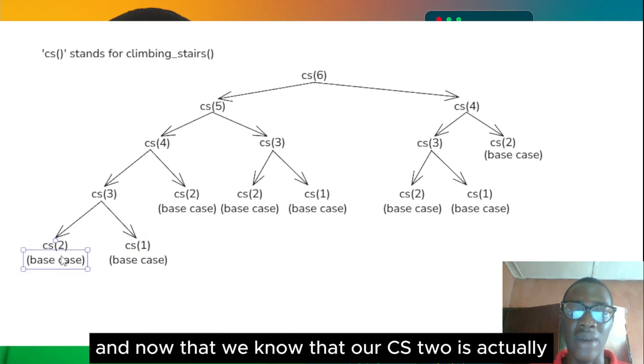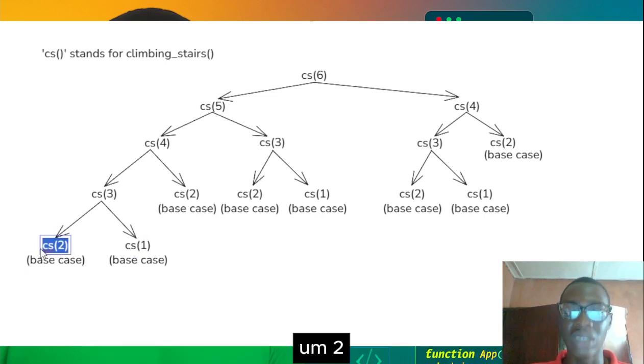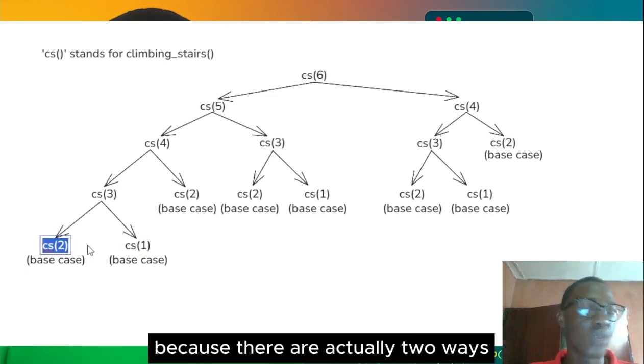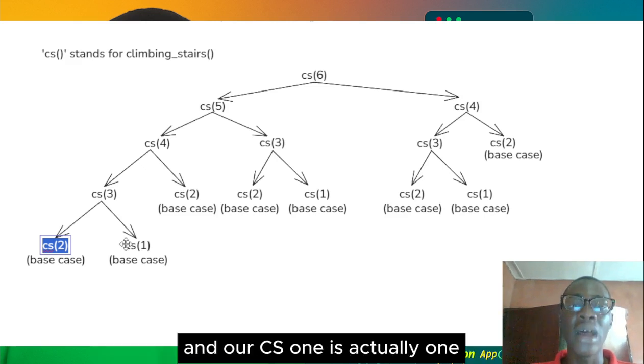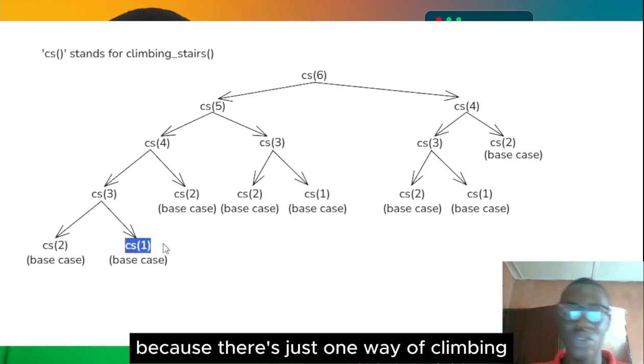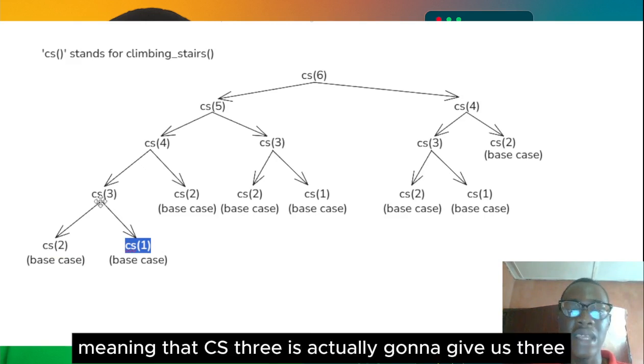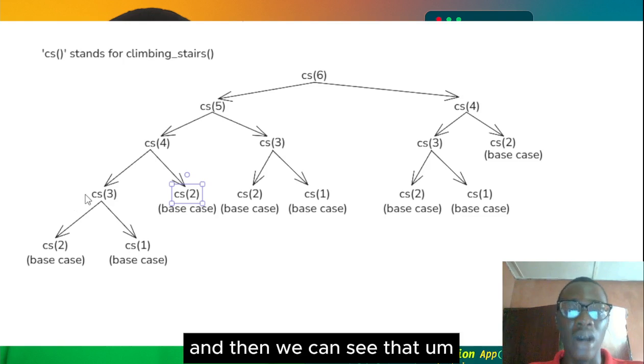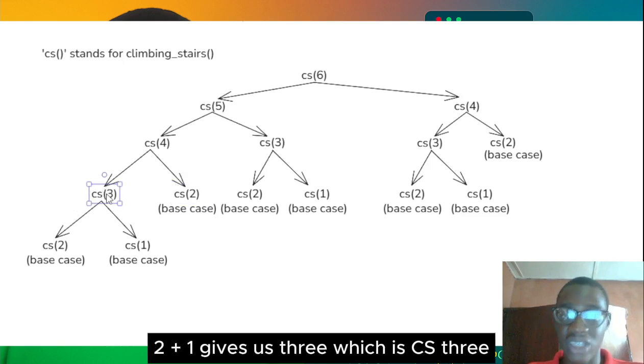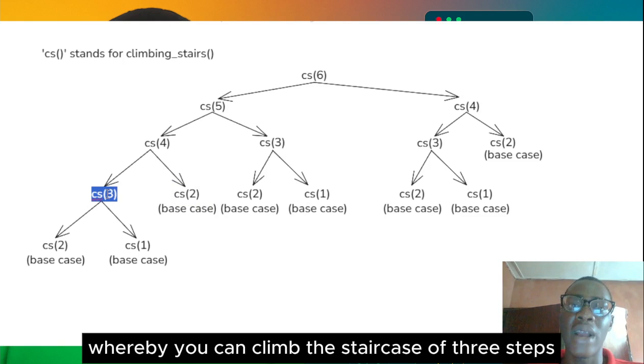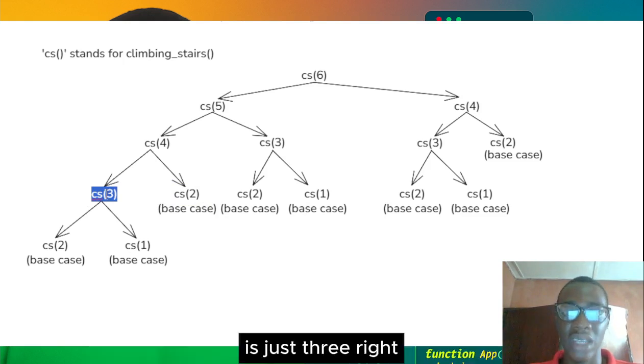Now we know that CS2 is actually 2, because there are 2 ways to climb a staircase of 2 steps, and CS1 is actually 1 because there's just 1 way of climbing. So CS3 is 2 plus 1, which gives us 3. That is, the total number of ways to climb the staircase of 3 steps is just 3, right?